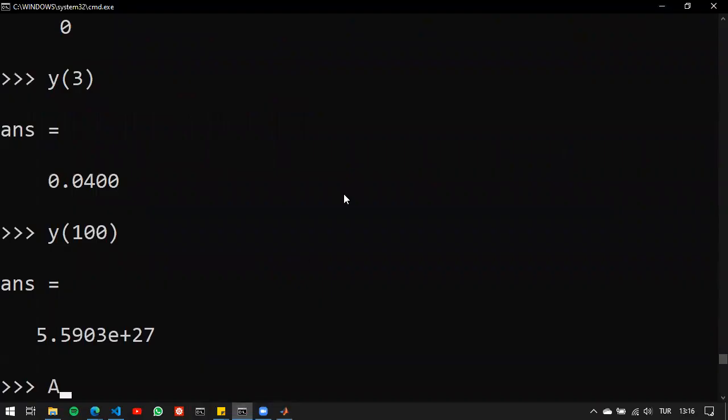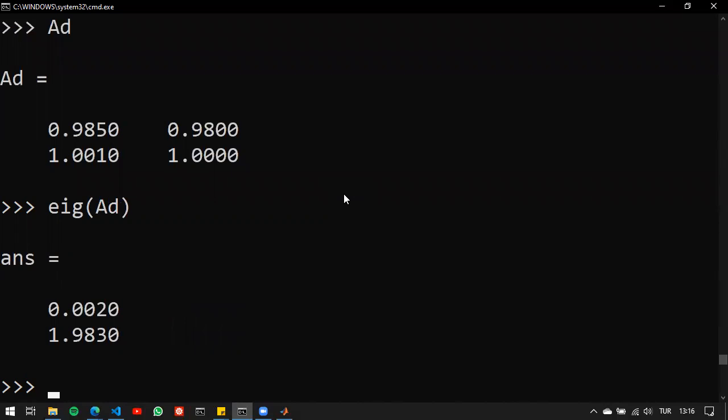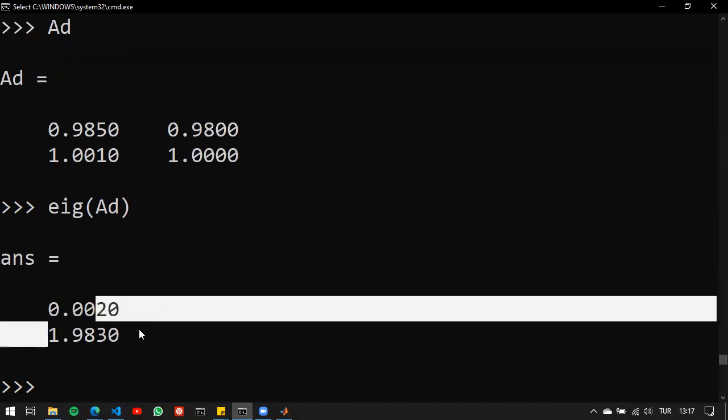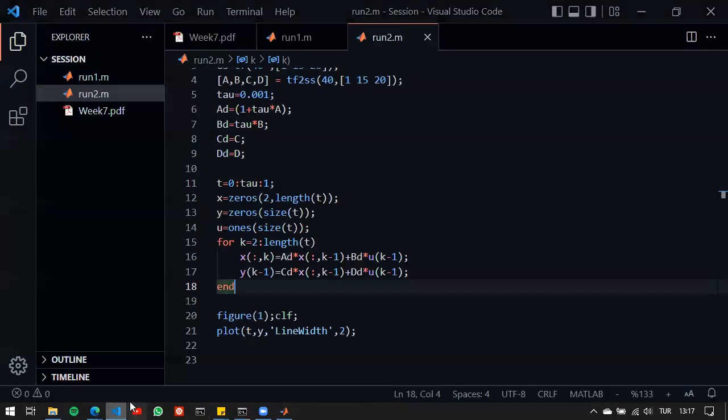So let's see what AD looks like. Seems like we have still an issue here because since this is a discrete system, this should be in the unit circle, but it is not. Interesting.